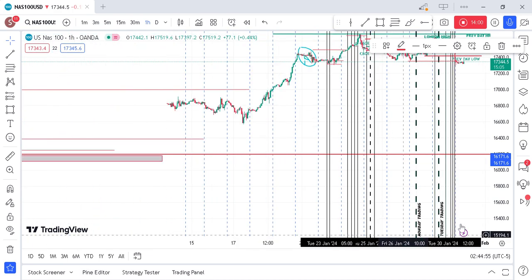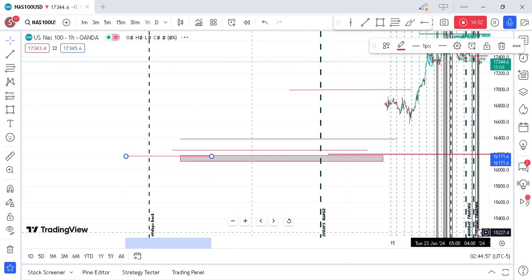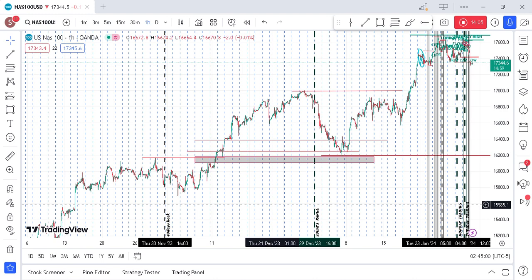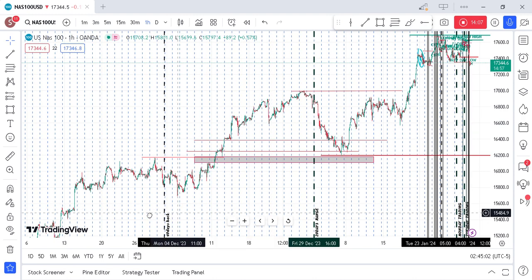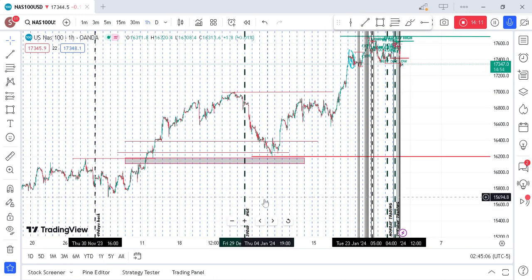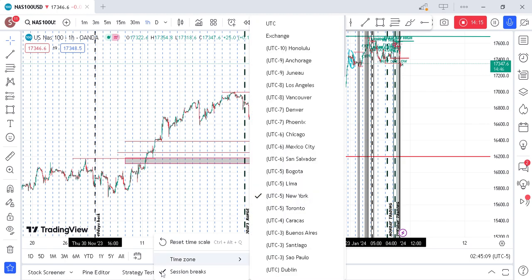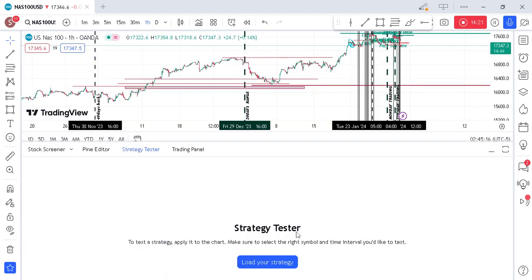And on this gap, guys, you have to know the lows and the highs. I want to show you what I was trying to show you there. Now we are on a 1 hour time frame. Let us remove this.